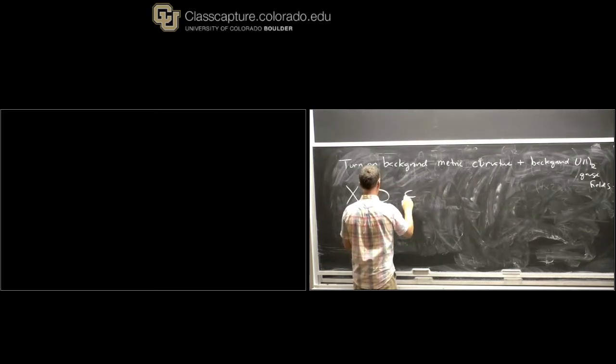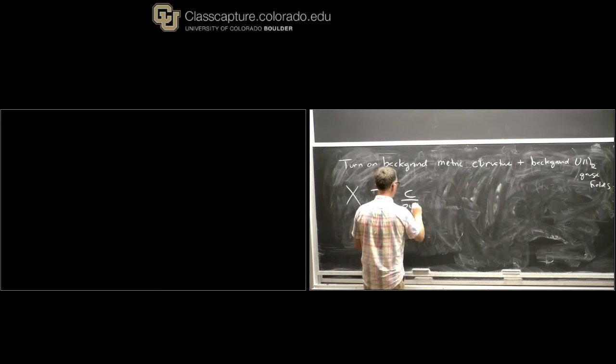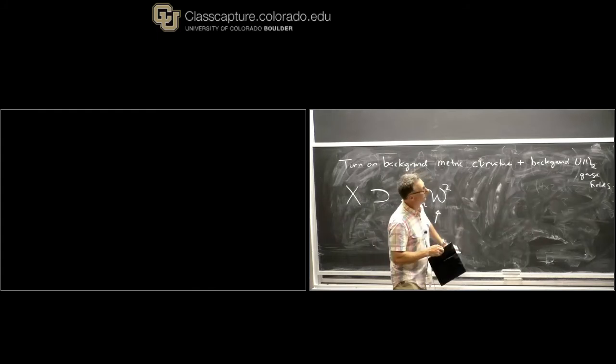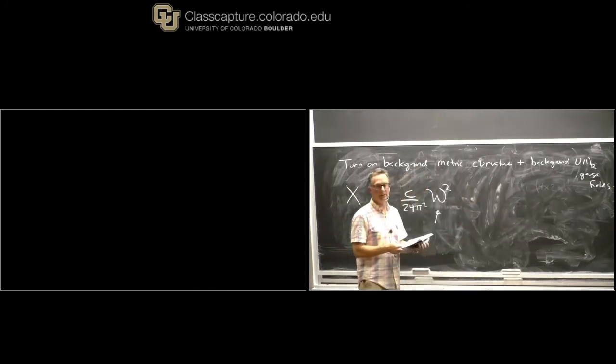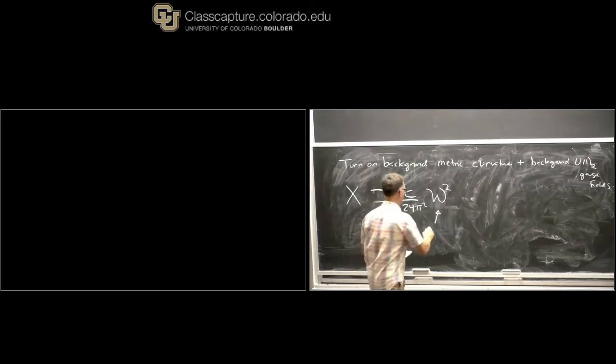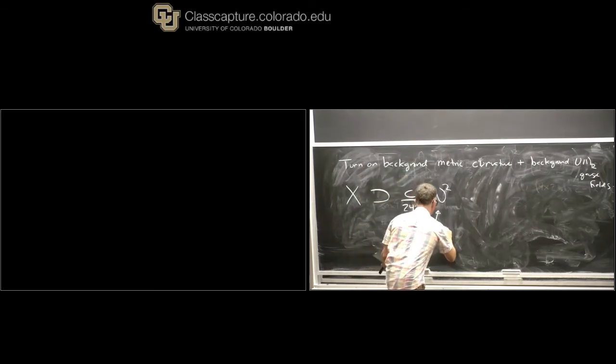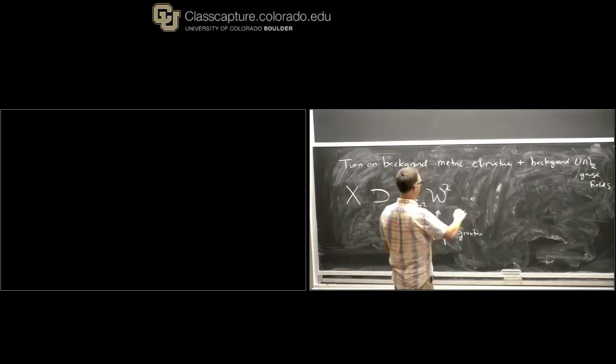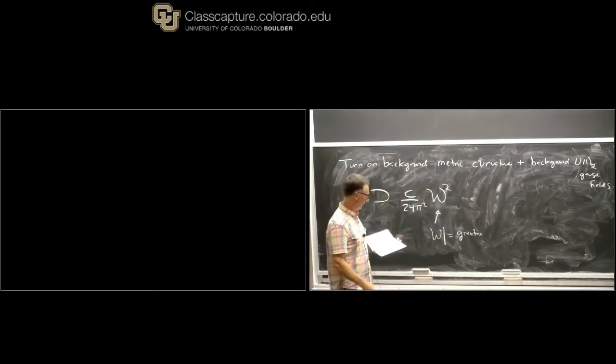So C over 24 pi squared times curly W squared, and this curly W squared is analogous to the W that we have for gauge fields, but this is for gravity, and its bottom component is the gravitino. It's some spin 3/2 object. Again, we're writing things that are chiral superfields. So this is a chiral superfield.